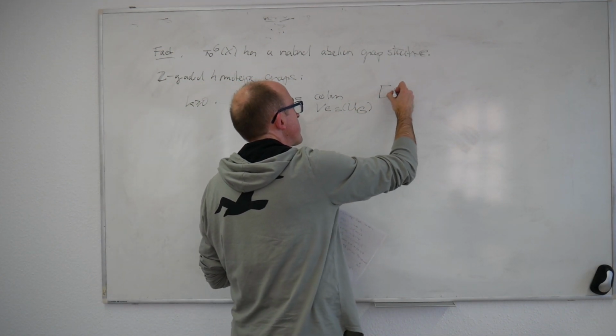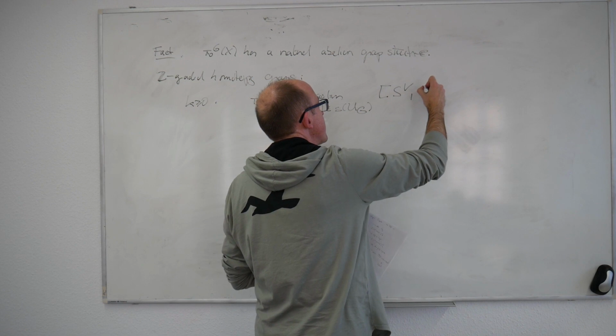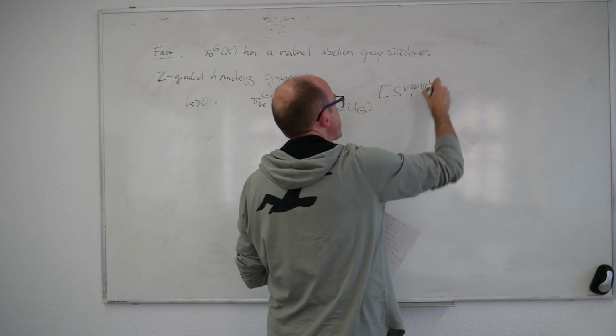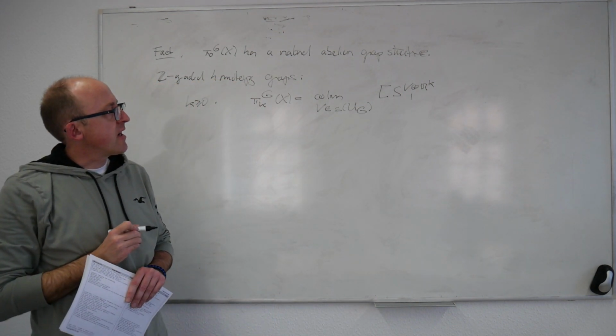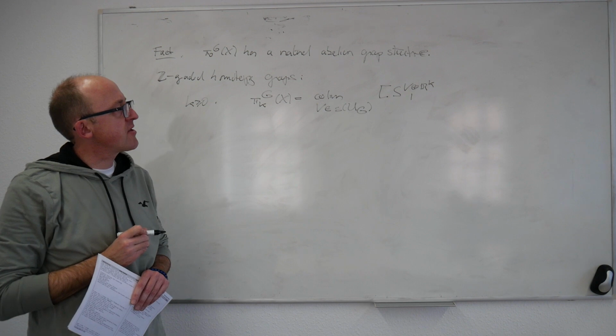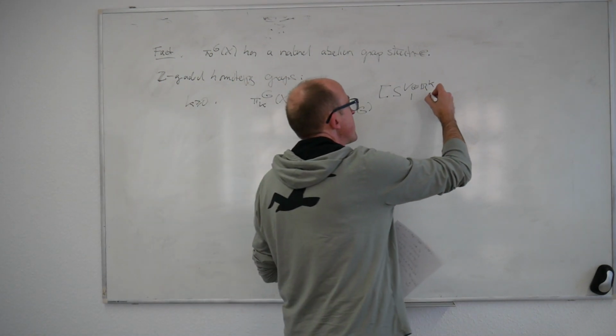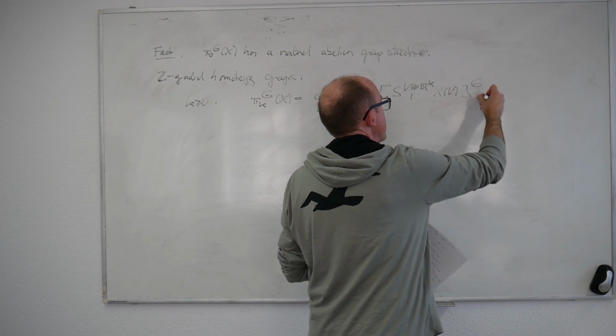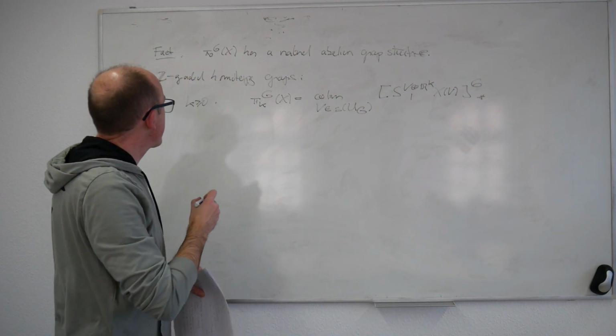And then I take homotopy classes of maps from SV into SV plus R to the k. So I add to V the standard k-dimensional R vector space with trivial G action. And I map into X of V again. And then this is a functor in very much the same way.